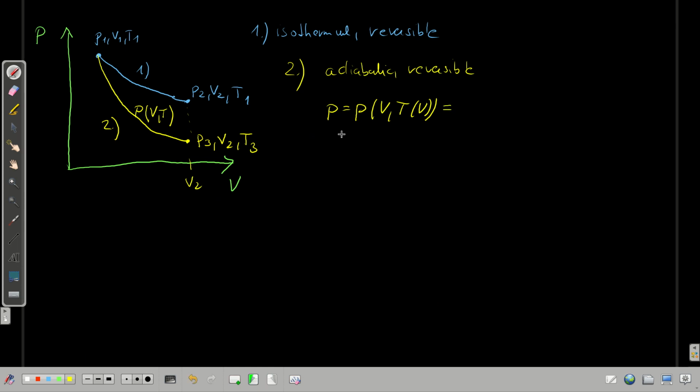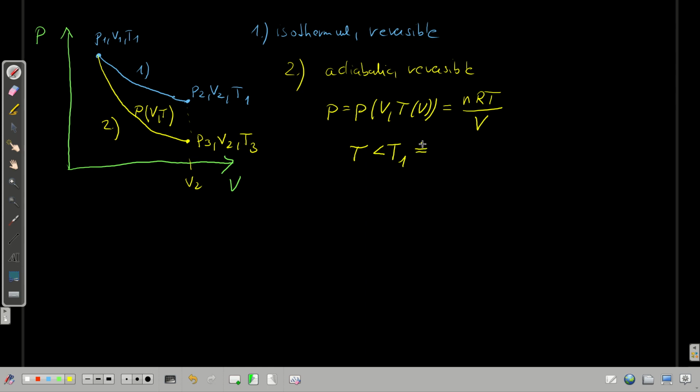And since we are dealing with ideal gases, let's write this nRT over V. And we have found out that when the ideal gas is expanded in an adiabatic and reversible process, the temperature always drops. So this means that, let's consider this here as a variable, T is always smaller than T1.